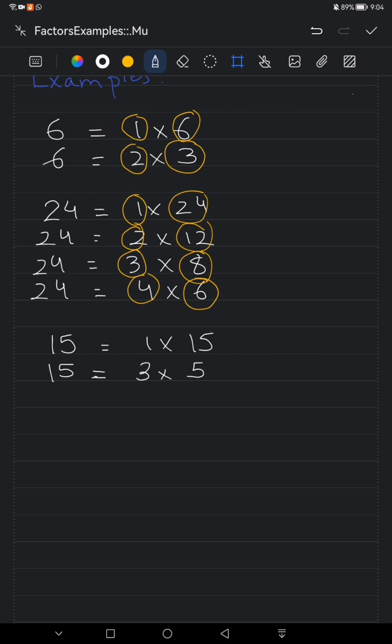And then after 3, we can check the table of 4. It doesn't come in the table of 4, but it comes in the table of 5, which is already written over here. So 15 has 4 factors at least. So it is also a composite number.